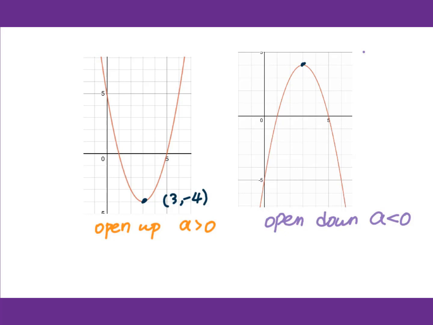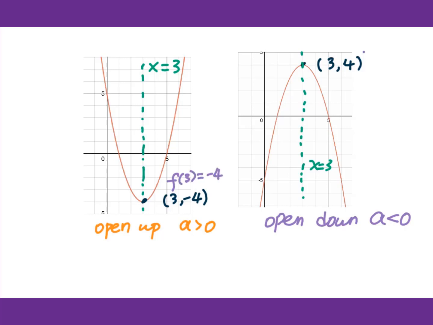This one is (3, 4). For the axis of symmetry, this will be x equals 3. This is the axis of symmetry, still x equals 3. And f of 3 equals negative 4. Here, f of 3 equals 4.